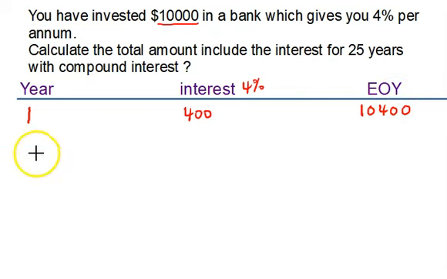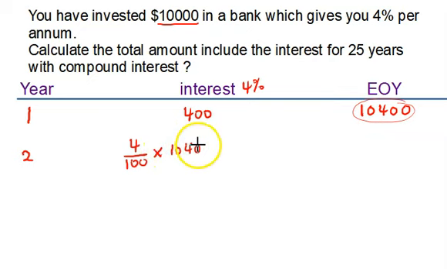Now in your second year, the same 4% will be multiplied with 10,400 instead of the 10,000.